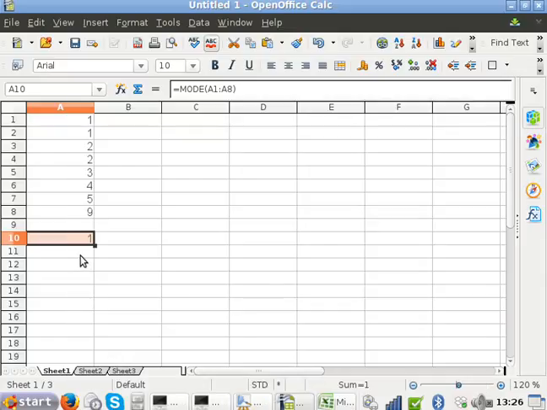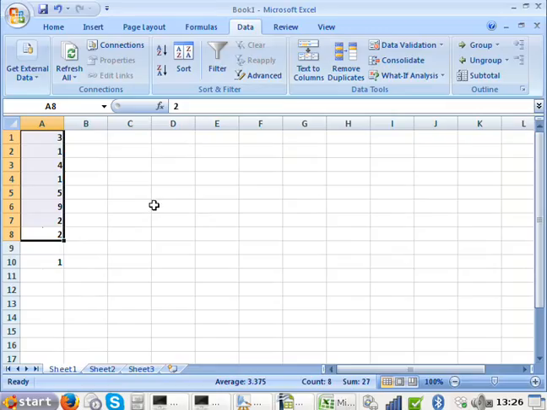Still the mode is 1. That's fine. Now, let me just sort these. 1, 1, 2, 2, 3, 4, 5, 9, still 1. Oh. So now it's 2 here, if I write them in a different order. Yeah. Depends on which comes first. Yeah, well, see, this is what happens now.